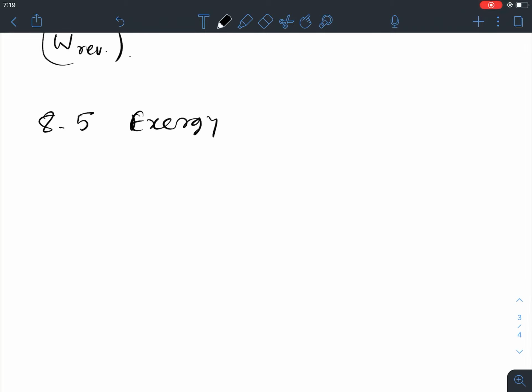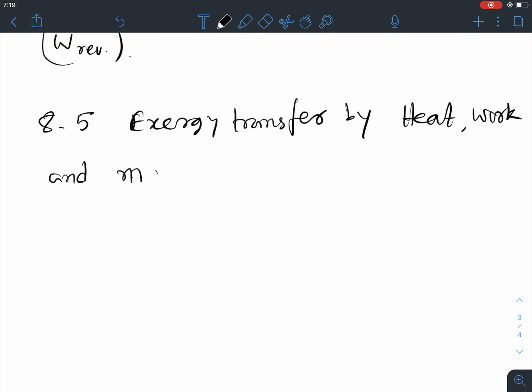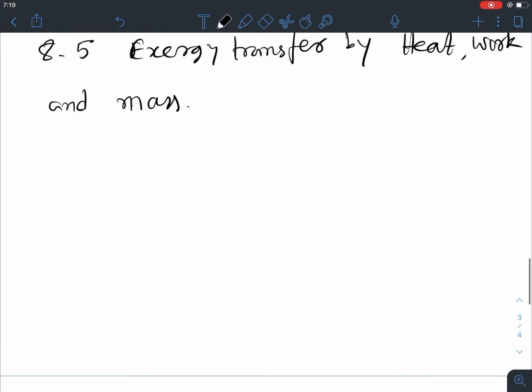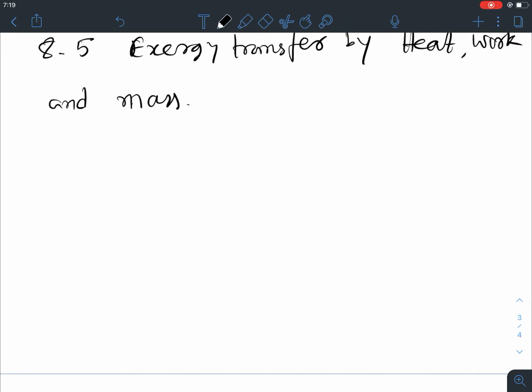So topic 8.5, exergy transfer by heat, work and mass, right? So exergy, just like energy, can cross the boundary of a system, right?